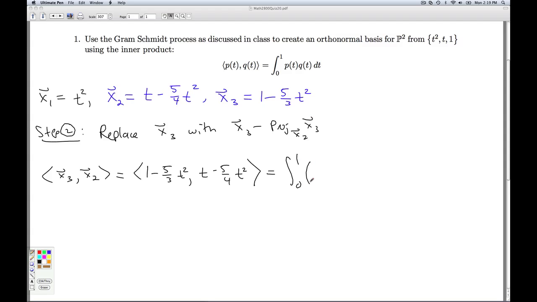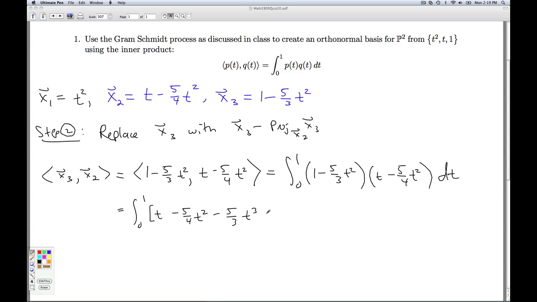That's, by definition, the integral from 0 to 1 of the product of these two polynomials. I multiply out. I'm going to have 1 times t, which is t. I'm going to have minus 5/4 t squared. I'm going to have minus 5/3 t cubed plus 25/12 t to the 4th.